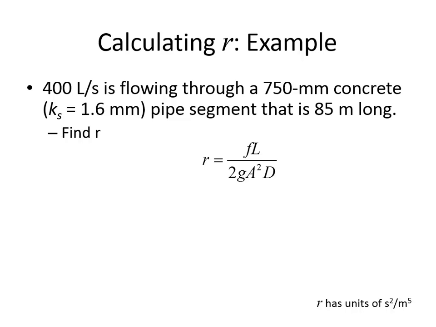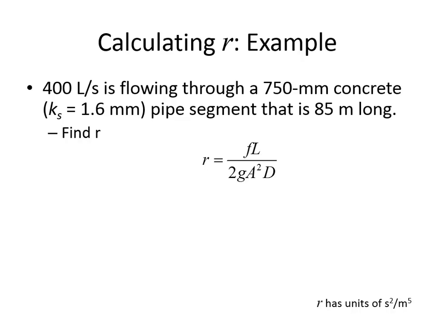So let's just do an example of how to calculate R. If we do have a known flow rate of 400 liters per second, then that'll allow us to calculate the Reynolds number. We've got concrete pipe, which gives us an equivalent sand roughness of 1.6 millimeters. The pipe length that's known is 85 meters long. So the R value here we can calculate as FL divided by 2g A squared times D. For the flow rate of 400 liters per second, that's 0.4 cubic meters per second.